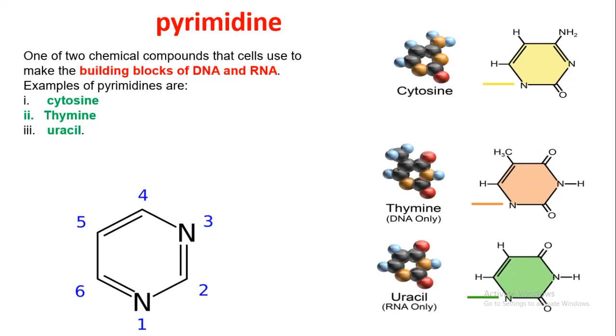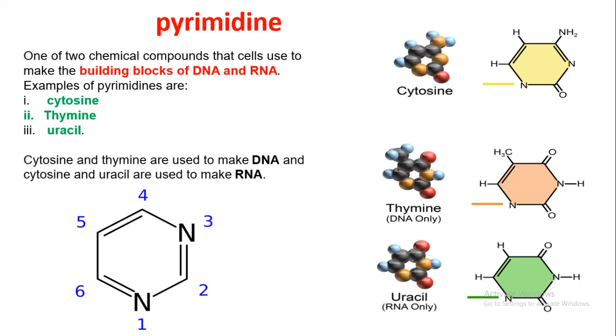You need to understand that DNA has thymine and not uracil, and RNA has uracil and not thymine. Meaning, one of the differences between DNA and RNA is caused by the type of pyrimidine they have.